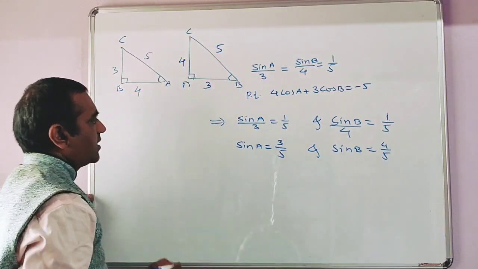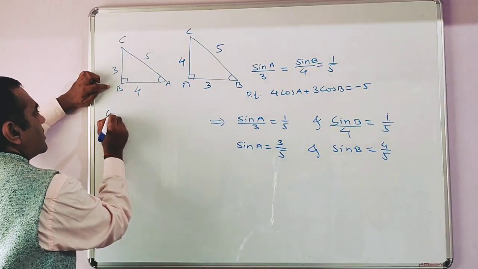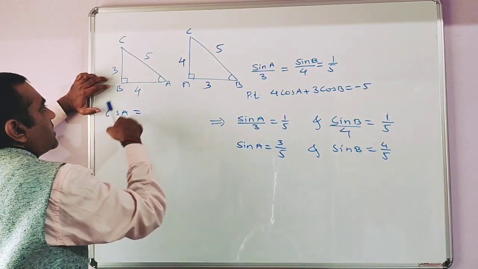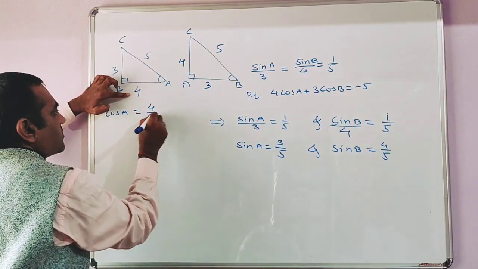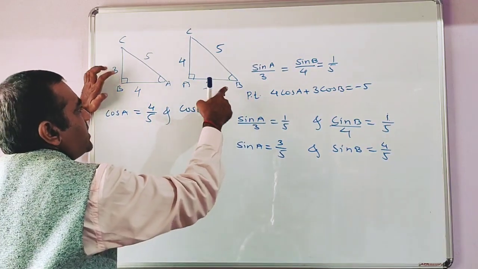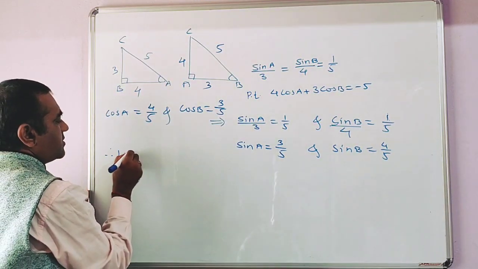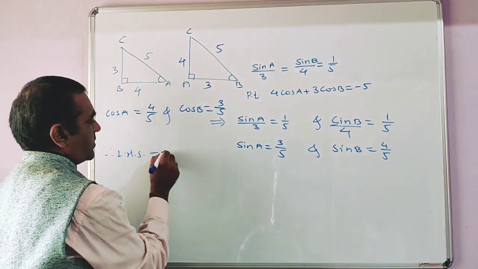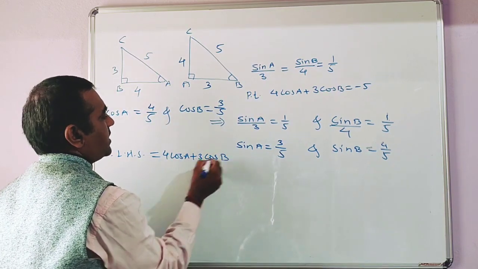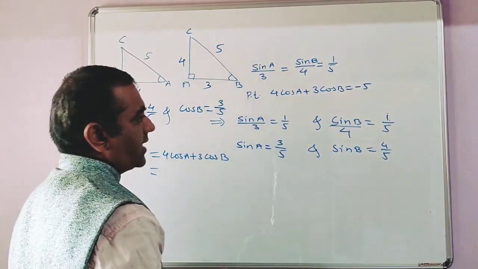What you want here is cos A and cos B. From this we can say that cos A is nothing but 4 by 5, correct? And cos B is nothing but 3 by 5. Therefore LHS is equal to 4 cos A plus 3 cos B. But here A and B both lie in the second quadrant.